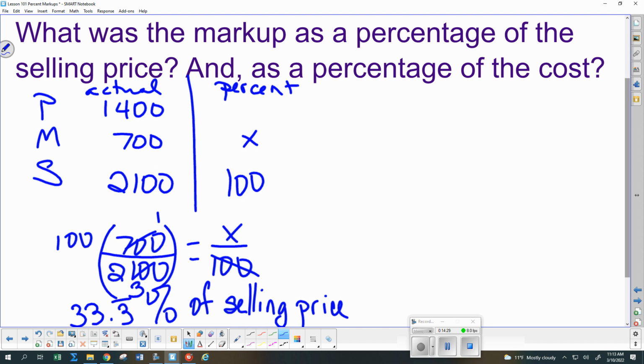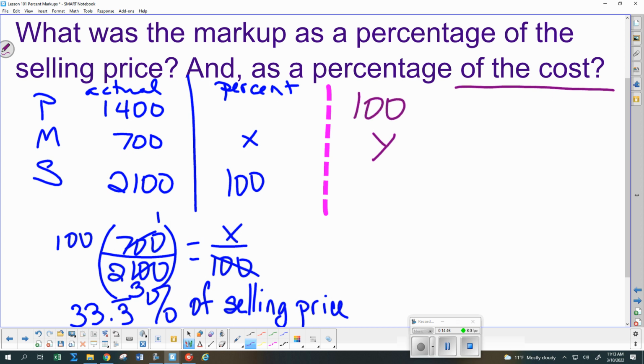The other one then asks, and we're still doing percent, but this time it wants to know a percent for the markup. So we're going to do a different letter, but still for the markup. And now it's a percentage of the cost. So I need to put my 100 up here. So for this one, I'm going to use the top row, the first and last columns, and the middle row, the first and the last columns.